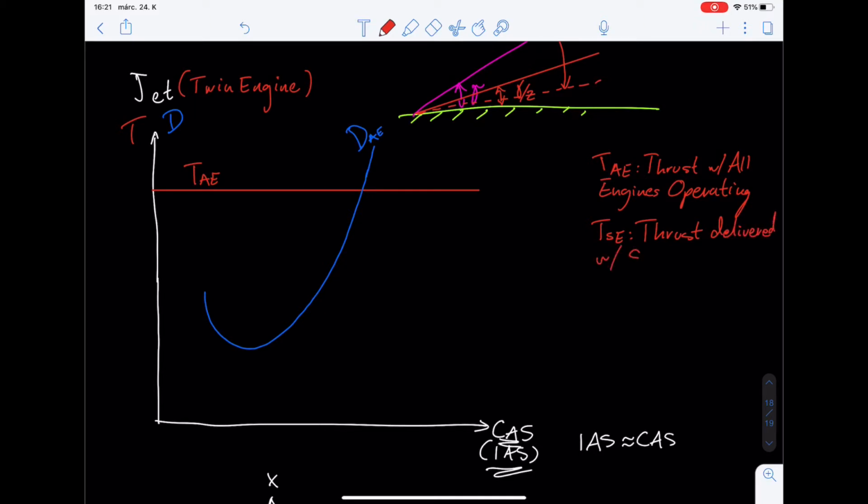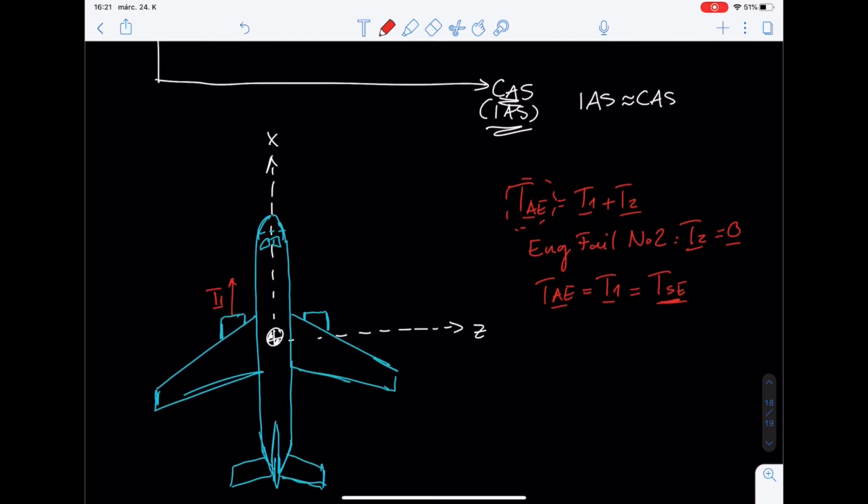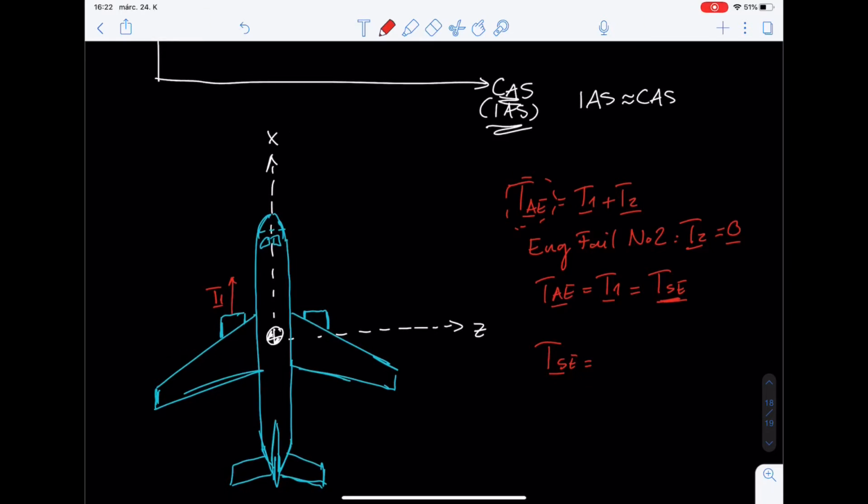And we can see that in general case, if both engines generated equal thrust, the thrust in the single engine is basically half. So half of the TAE, right?